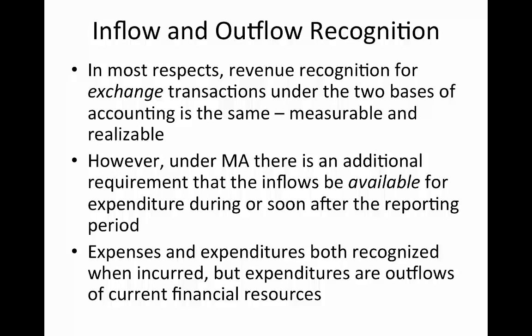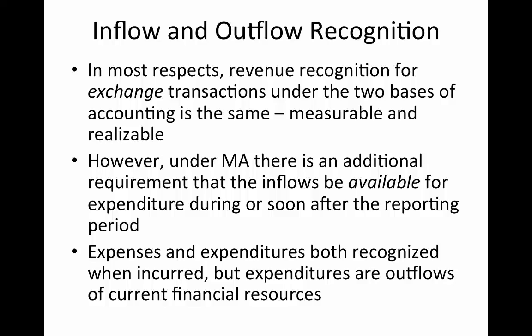Expenses and expenditures are both recognized when they are incurred, but expenditures are outflows of current financial resources, whereas expenses are outflows of any type of resource, of economic resources.